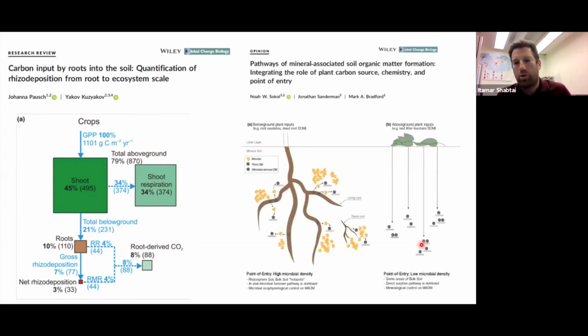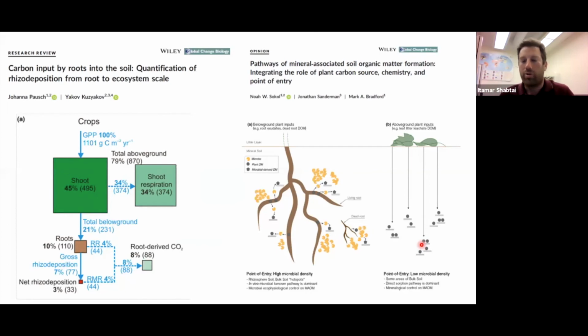At the same time, we also think that the injection of soluble root exudate compounds into the rhizosphere, which is highly populated by microbes, has a higher chance of resulting in carbon that is microbially processed and therefore can persist long term in the soil, relative to aboveground plant litter that is sometimes deposited on areas that do not necessarily have a high microbial population.